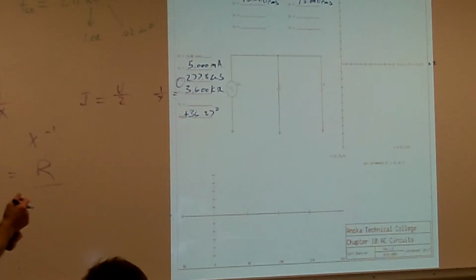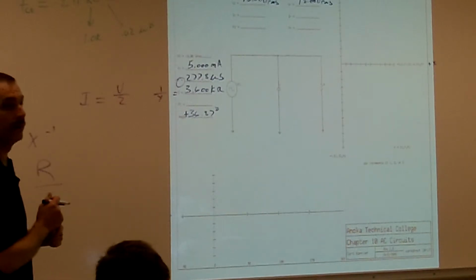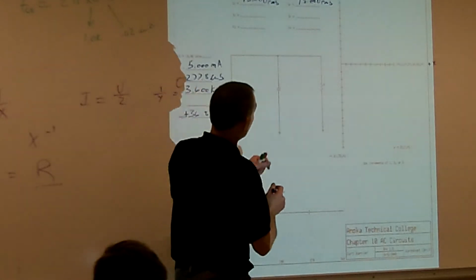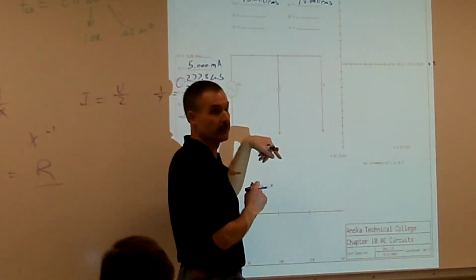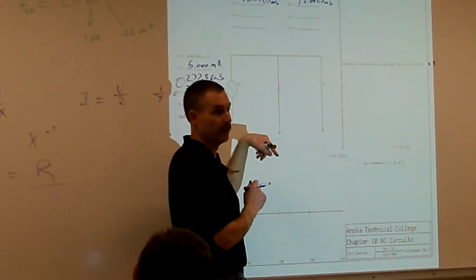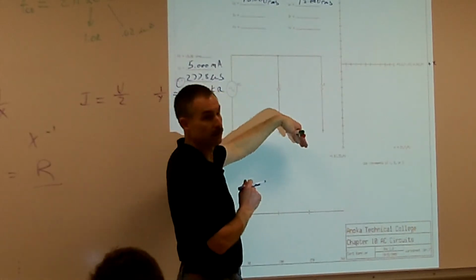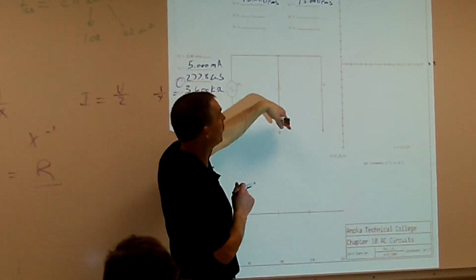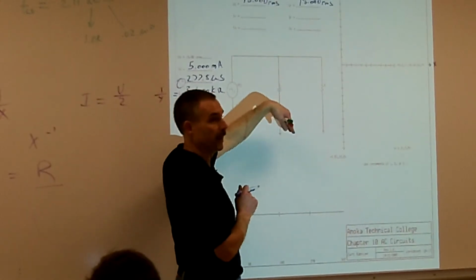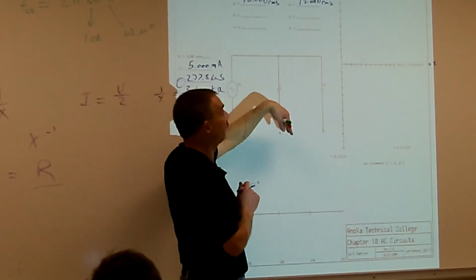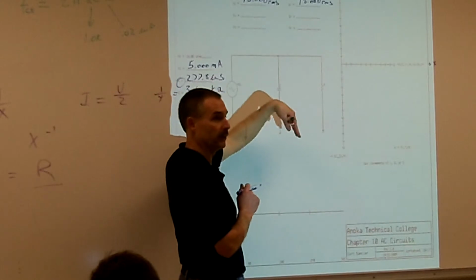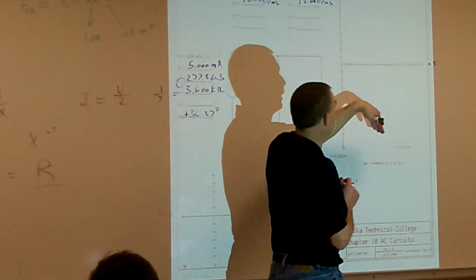Go ahead and say a number. For which one, R or C? You got 4 milli? And which one is that, the resistor or the capacitor? Whatever came up first. Which is the first one? First one is always X, right? So which one is on our X?